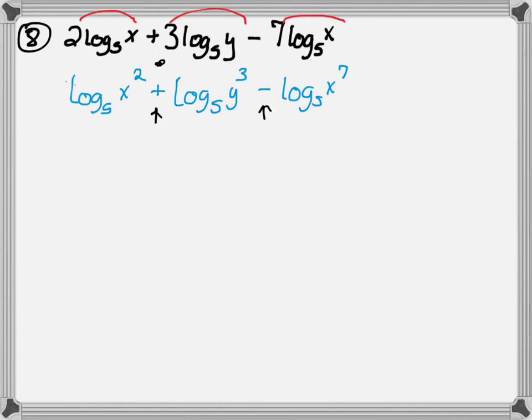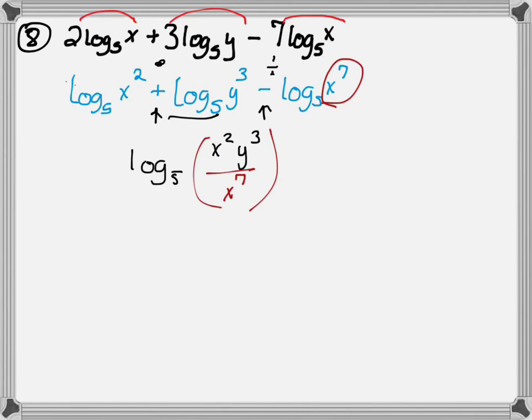This is going to translate to multiplication, and this is going to translate to a division. We only write our log once. So log base 5. These two are going to get multiplied, and so we have x squared y cubed, and then we're going to divide by this last one, x to the 7th.